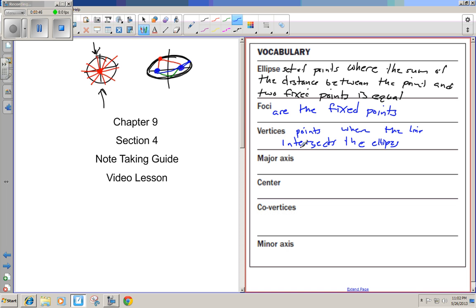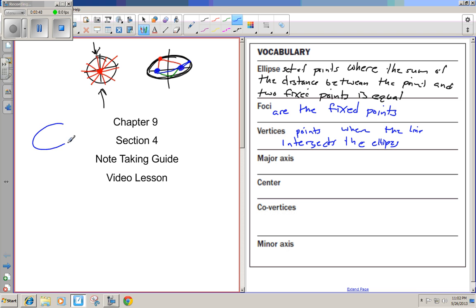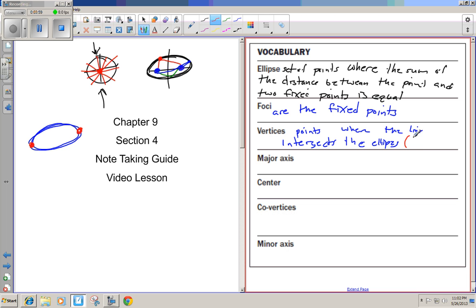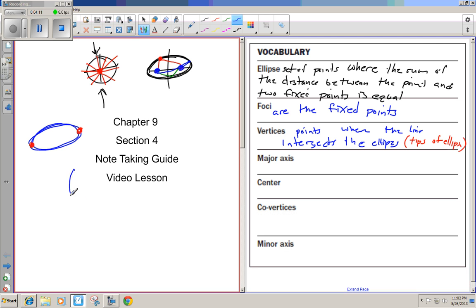Basically what it is, if you have your ellipse shape, okay, the vertices are there in red. They are the vertices, you could say, the tips of the ellipse. So what that means is if you had an ellipse that looked like this, you can see this is more of a vertical ellipse. The vertices are the tips.